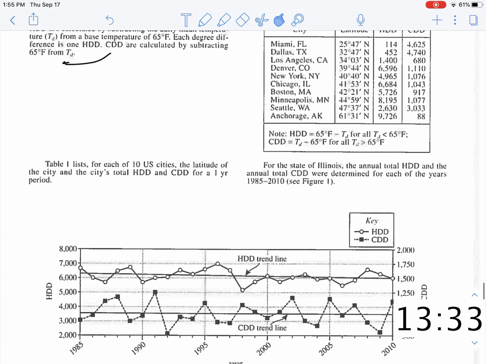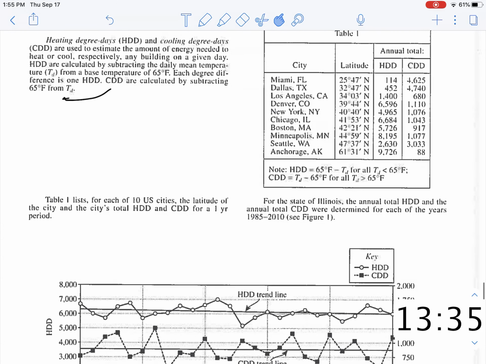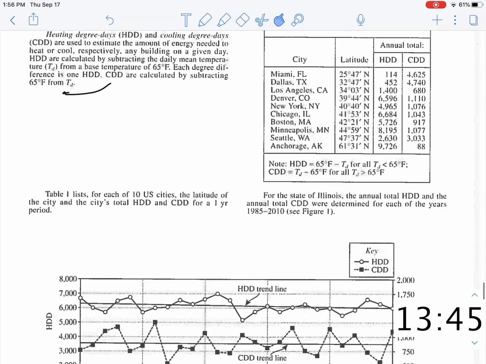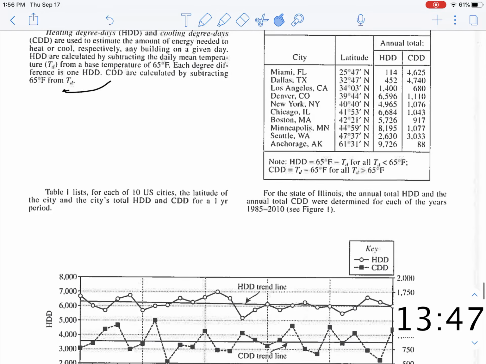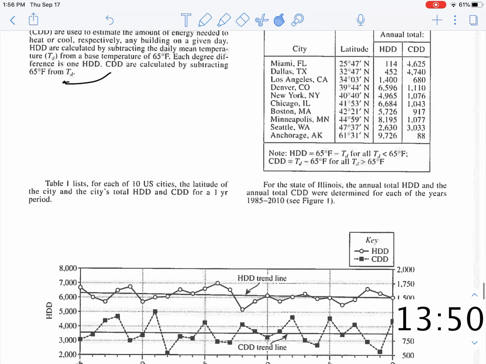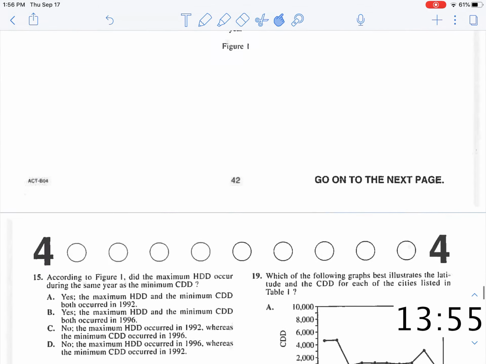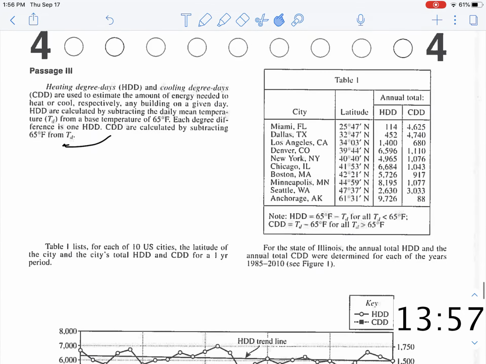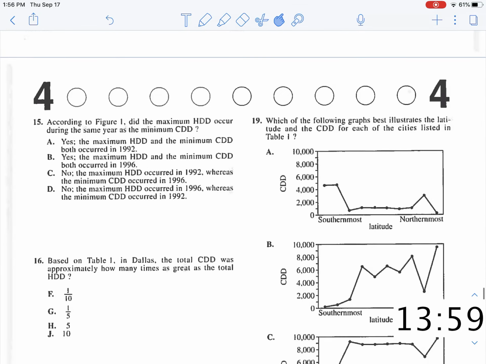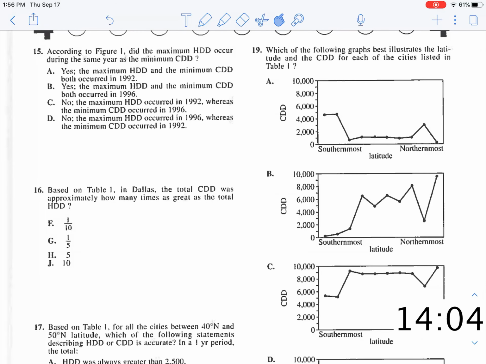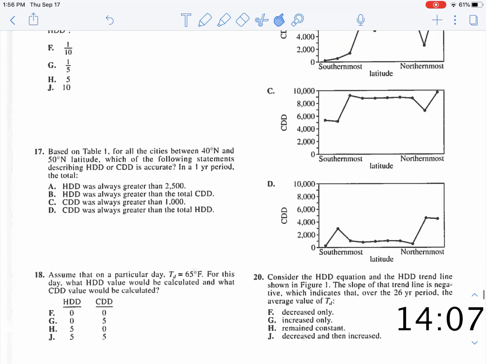CDD, Dallas, I can't even find, okay, let's see, about 8 times, what? No. Gosh. 100. 10. Okay, 10 times. CDD to HDD. CDD was 10 times as much as the HDD. It's J. I suppose in Dallas it's hot.